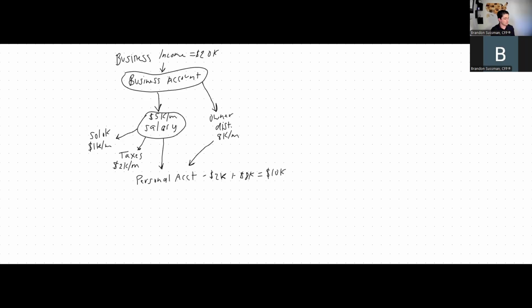All right. So the last thing that we're missing from this picture here is the contributions to the solo 401k for the employer. All right, so we've got one more arm coming out here, and this is going to be employer. I'll just put ER solo 401k contribution.